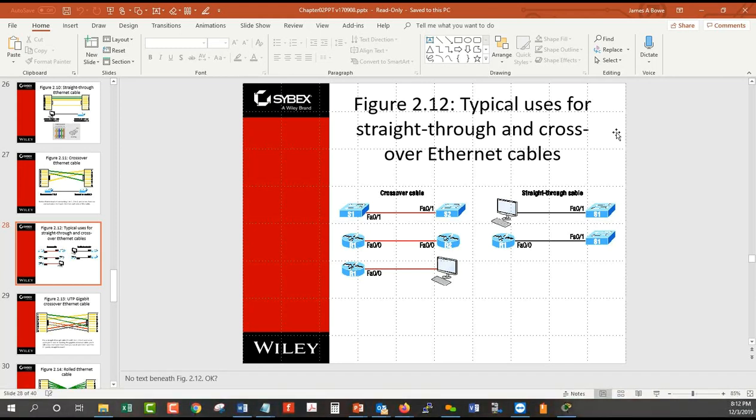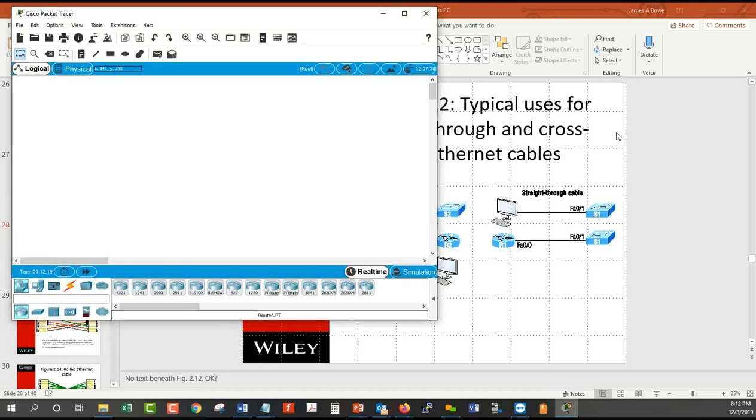So you can just about use any type of cable. You can use a crossover cable, you can use a straight through cable, and the devices will figure it out on their own. Only the older Cisco devices do you need to be specific with the cable. Let me just give you an example.